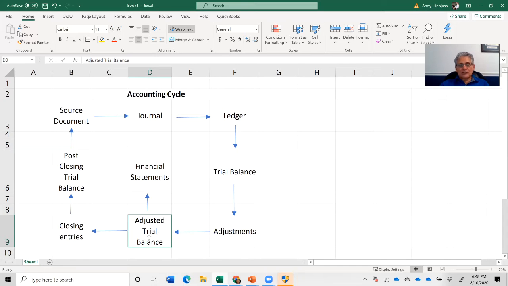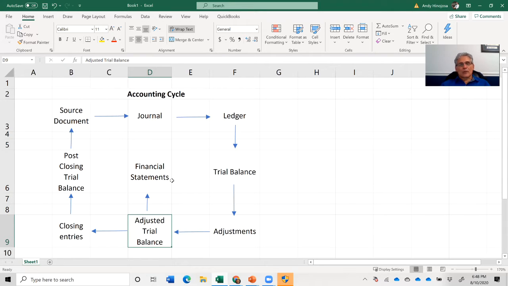Once we have an adjusted trial balance, now we can use that to generate financial statements. The financial statements include the 4 financial statements: the income statement, the statement of retained earnings, the balance sheet, and the statement of cash flows.